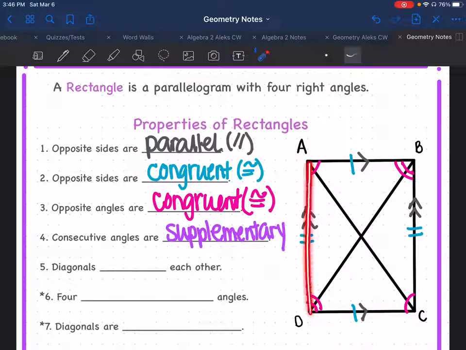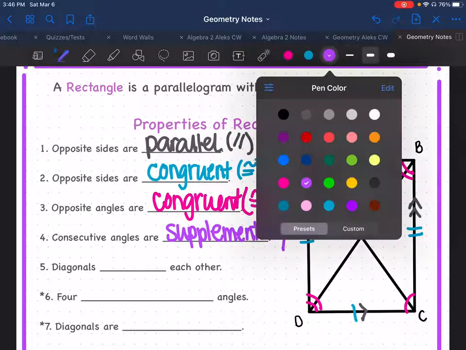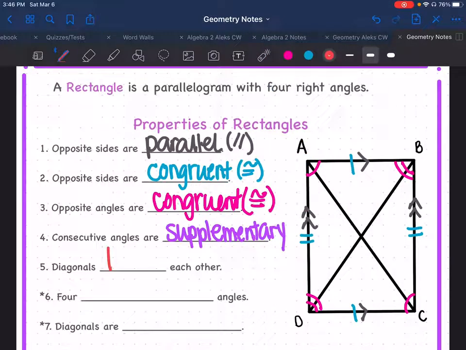And D plus A is 180 degrees. My diagonals are going to bisect each other once again. I'm going to wait to mark that one because I have two new properties that make this parallelogram become a rectangle.